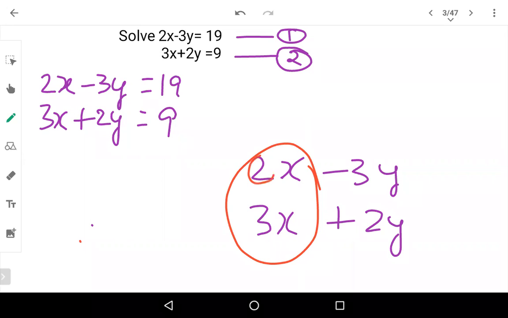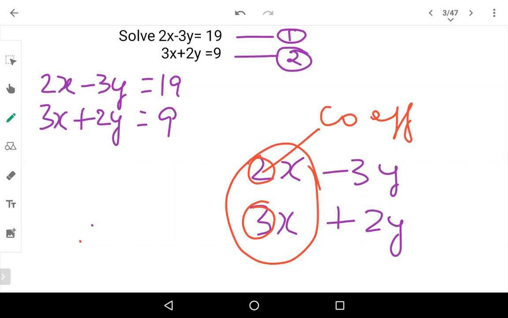This number, that is 2 and 3, I want it to become the same. This is called the coefficient. If I make the coefficient of the variable numerically the same, then I can go on and cancel them out.